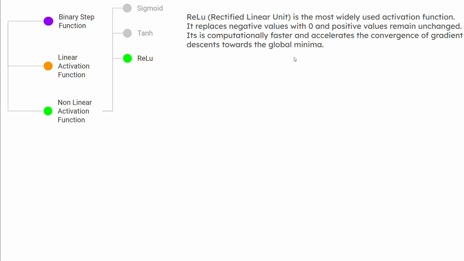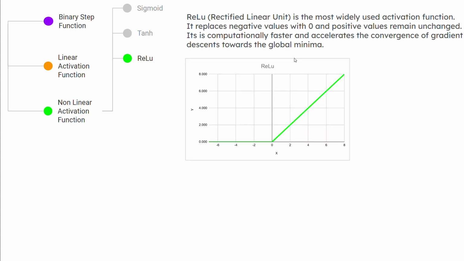It is comparatively faster than the previous ones, and it accelerates the convergence of gradient descent. So here you see positive values remain the same, negative values are all converted to 0.